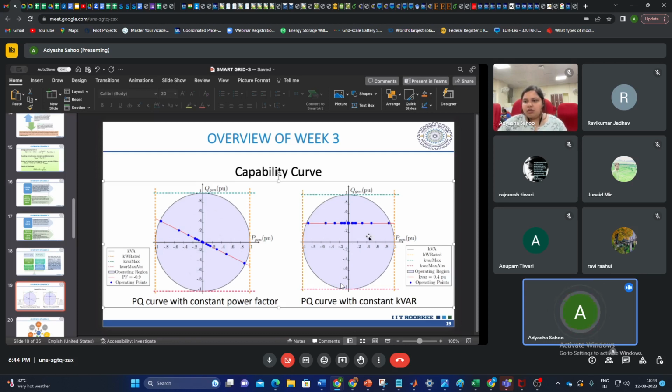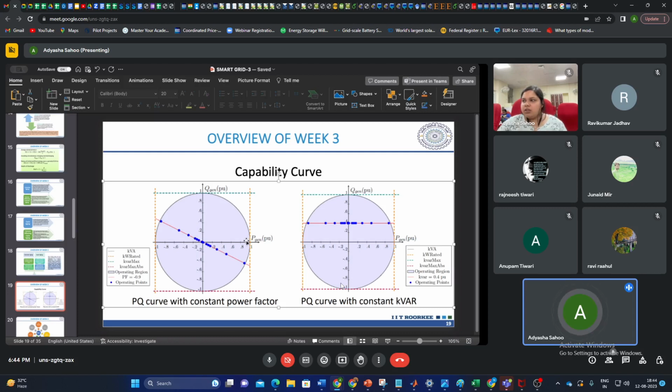See, these two curves are different, but the operating line, these two figures, the capability curves, they are the same. The operating line or their operating region is different. See, both have four quadrant operation. So this type of operation can only be for batteries, because for a synchronous generator we cannot have this part where there is negative P generated.